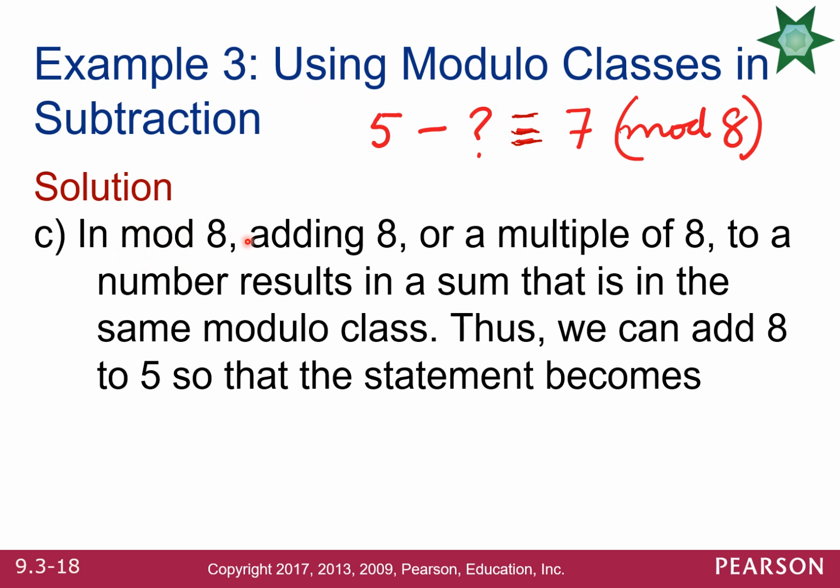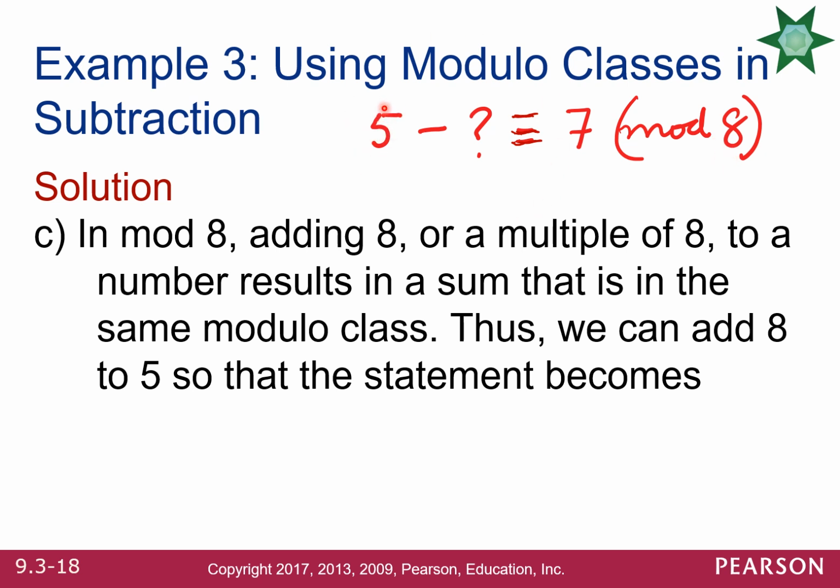In mod 8, adding 8 or a multiple of 8 to a number results in a sum that is in the same modulo class, correct? Thus, we can add 8 to 5 so that the statement becomes, so let's go to the next slide to see what the statement becomes if we add 8 to the 5.